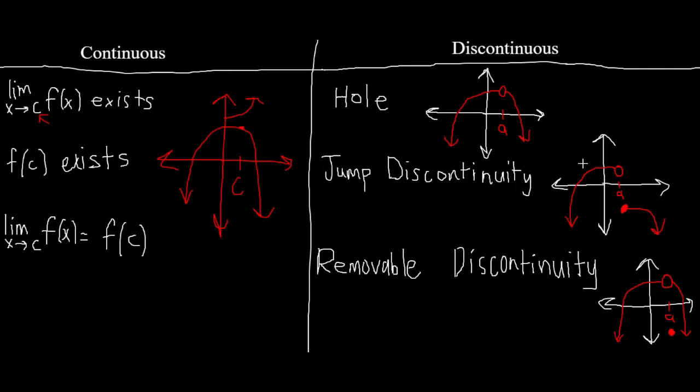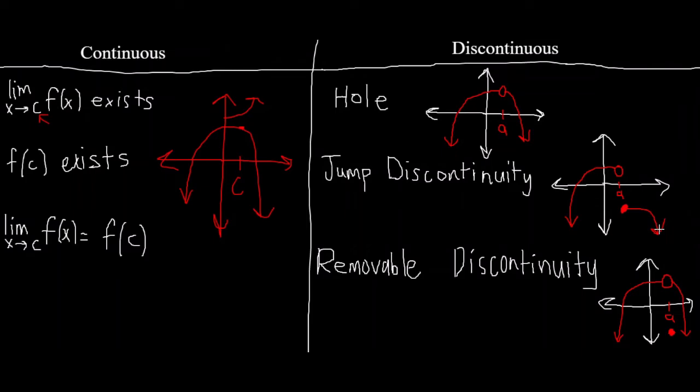So that's our hole. Next is our jump discontinuity. When we are starting here, we go here, we have an undefined point, and then we have our actual point, and we're coming back at x equals a. Now that, again, cannot be continuous, and that is for obvious reasons. It doesn't look continuous whatsoever.